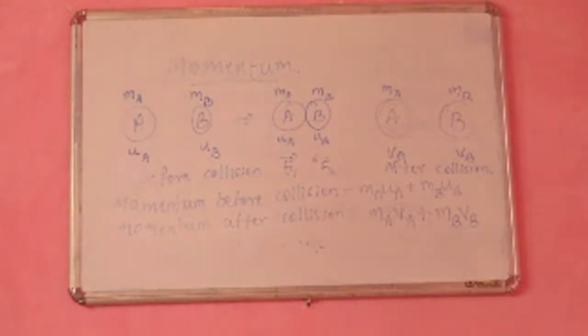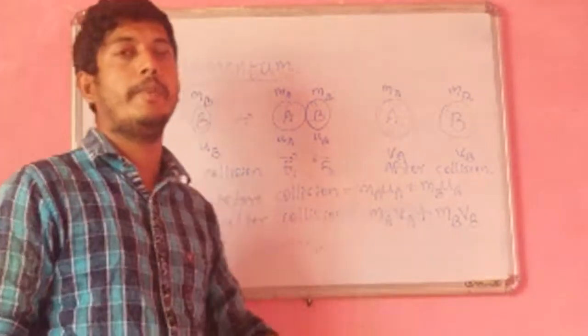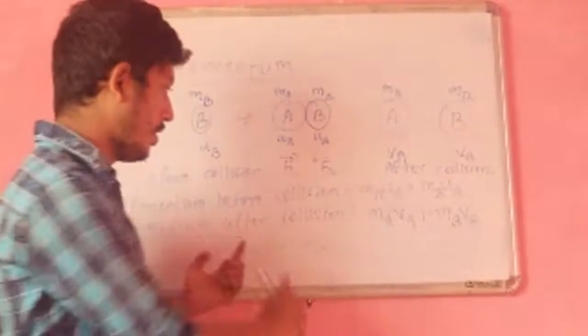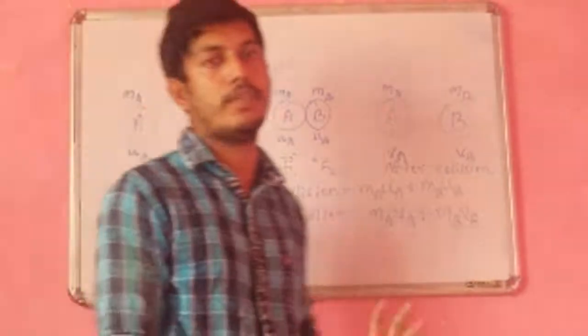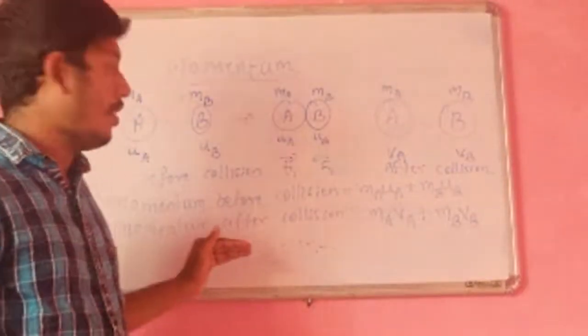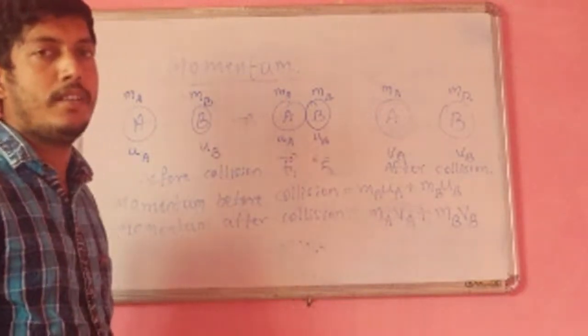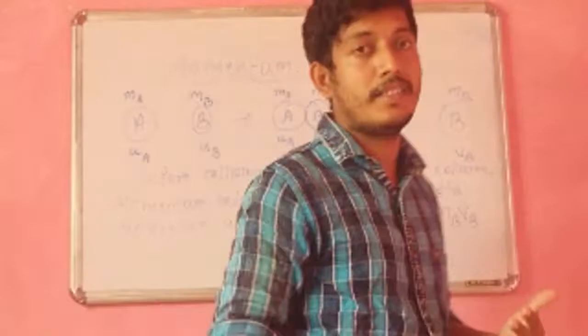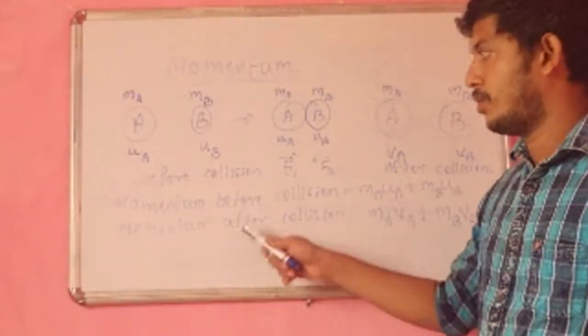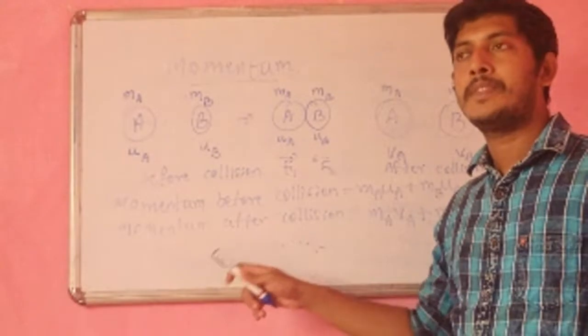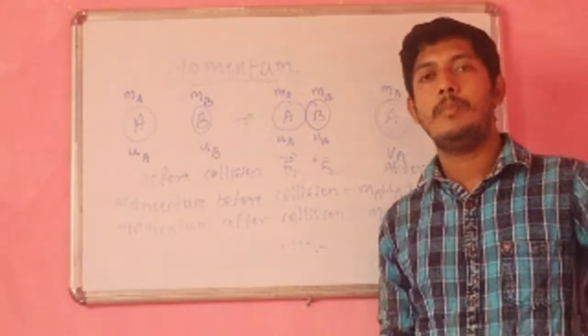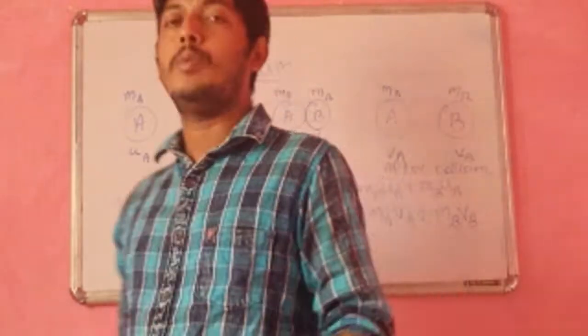According to the law of conservation of momentum, the momentum before collision is the same as the momentum after. Just write the statement of conservation of momentum and note it down. According to the law of conservation of momentum, momentum before an event is the same as momentum after the event.